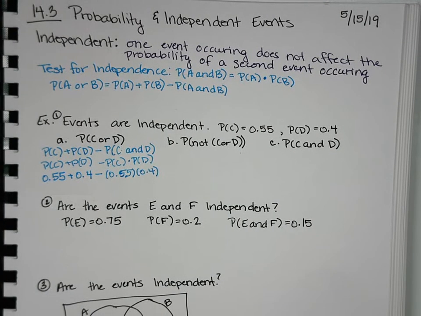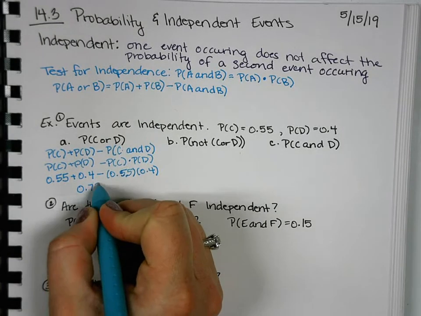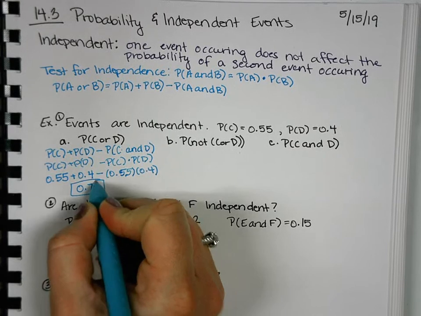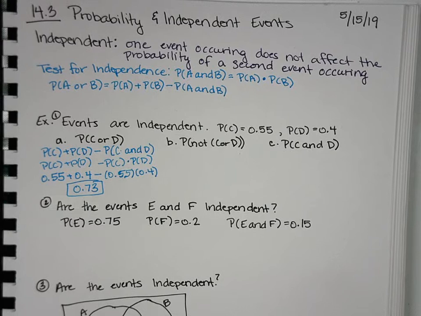Again, you can leave them as decimals since they're in decimals. You don't have to go to fractions. And we get 0.73. So that would be your probability of events C or D.